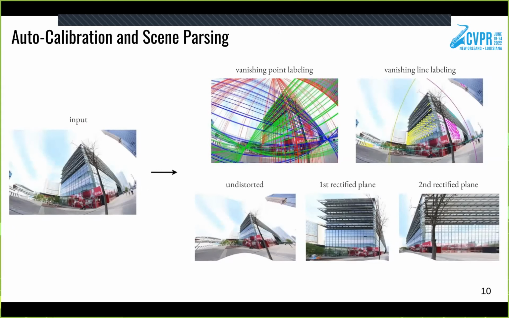Another application, auto-calibration and scene parsing. The idea is that you want to recover basically the entire intrinsics of the camera: focal length, principal point, lens distortion. Of course, there are more. There are some simplifying assumptions that are made, but let's say that's enough to get you pretty close to what the calibration is.